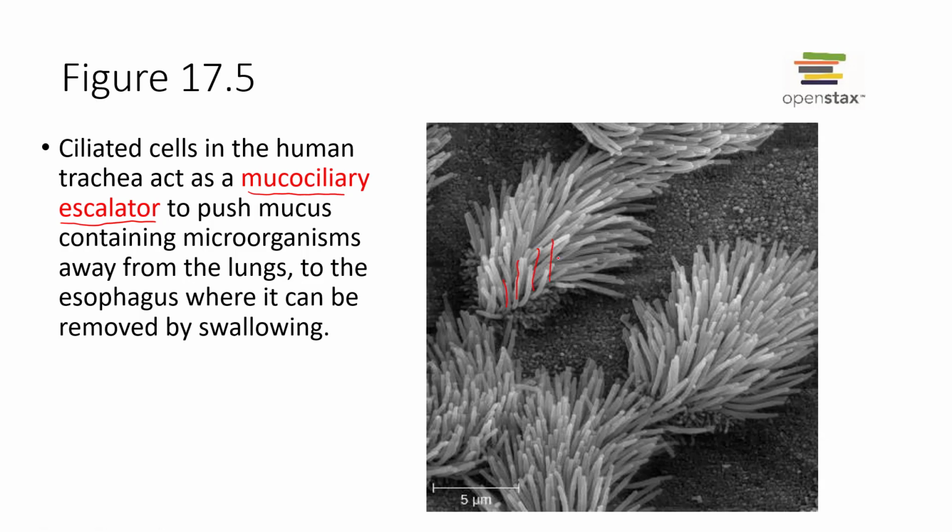All of the cells that line your trachea, and the trachea is connecting your mouth to your lungs, are lined with cilia, and they act like little fingers, little hairs.